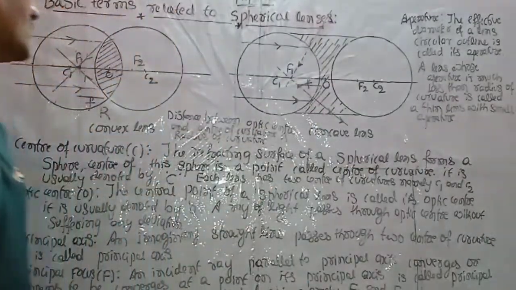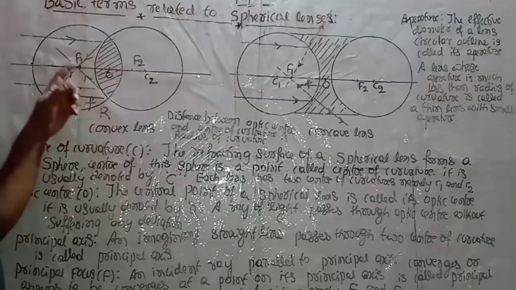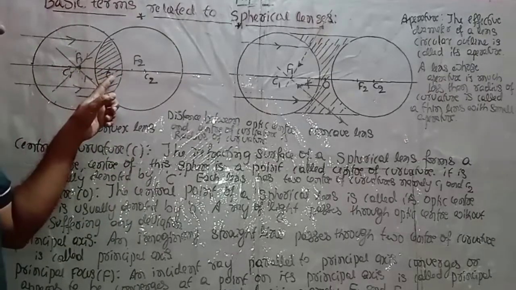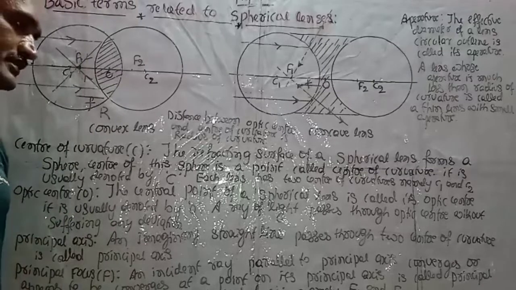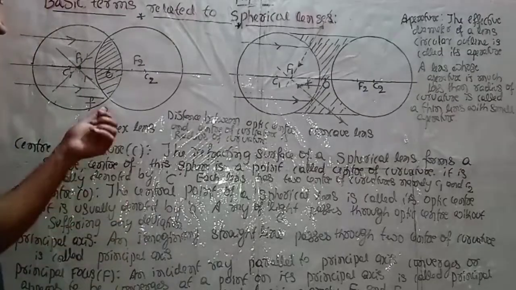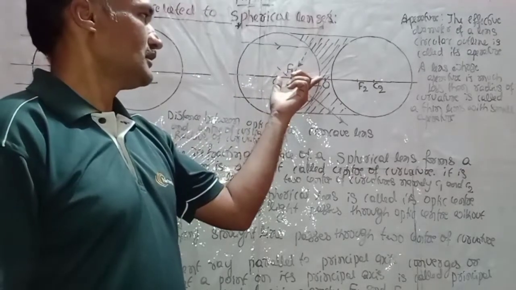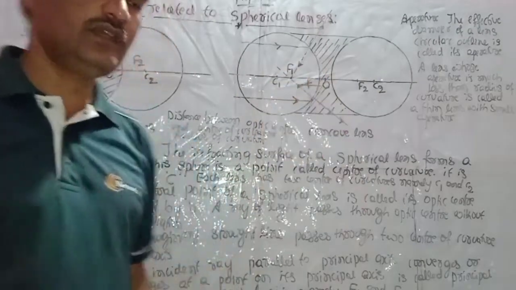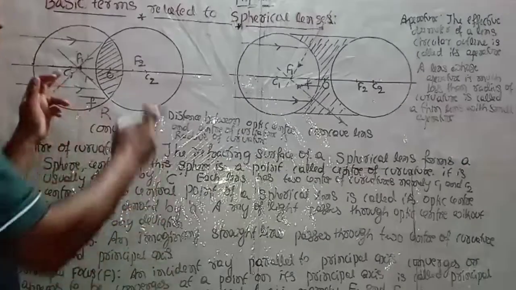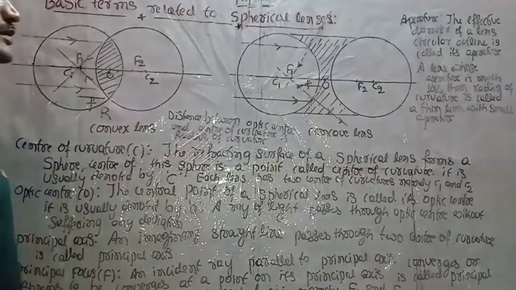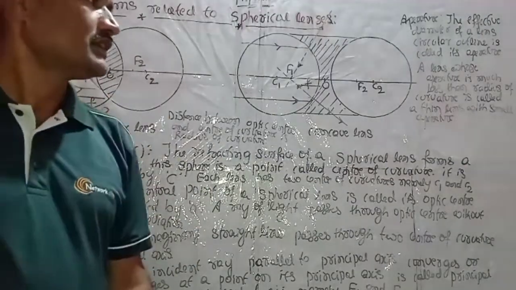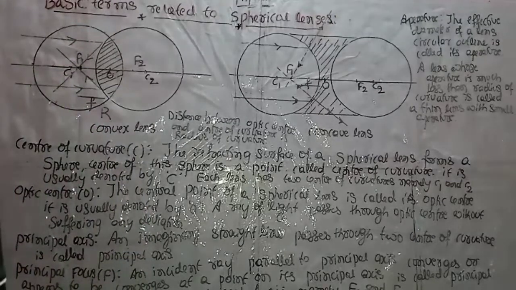And the radius of curvature, the distance between center of curvature and optic center, is usually denoted by letter r. So here there are always two centers of curvature, two foci, principal focus, and radius of curvature.